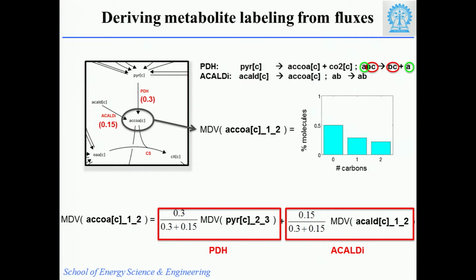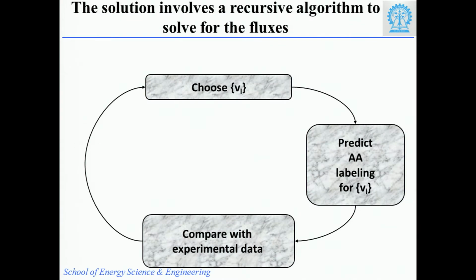So, these are the fluxes we assume, and then you calculate the MDV. This is a recursive algorithm where you choose a flux distribution and then predict the amino acid labeling. What did you do in the previous slide?